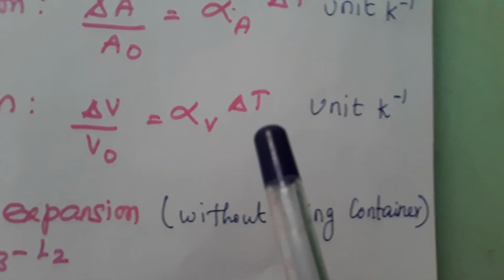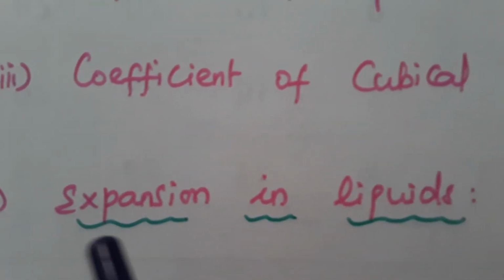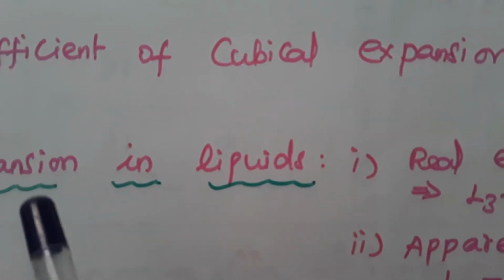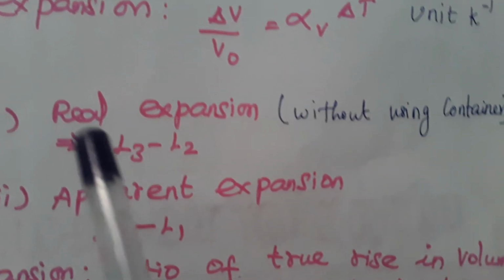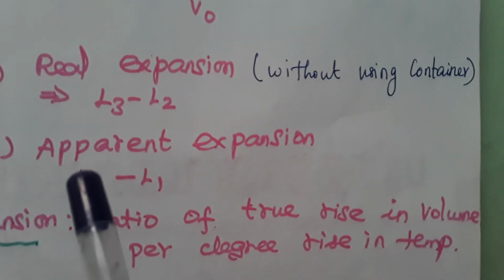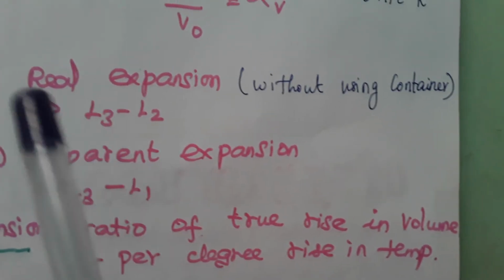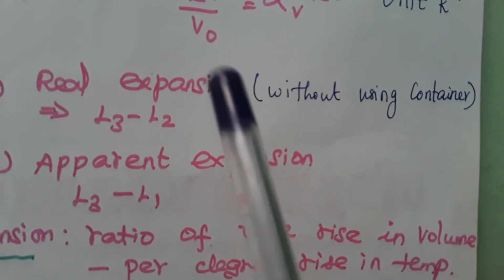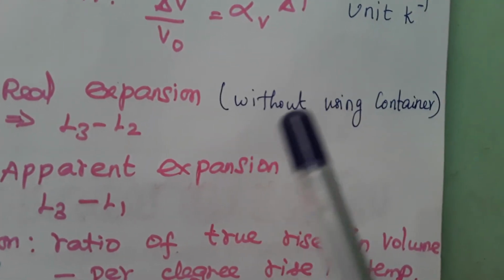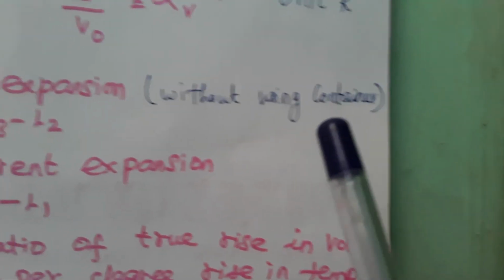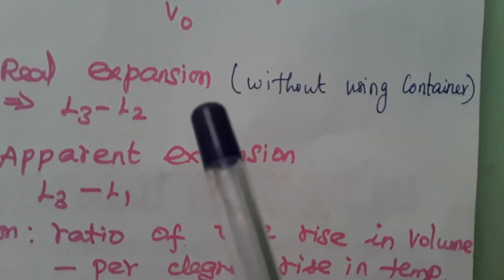Students, shall we discuss expansion in liquids? Expansion in liquids has two categories. One is real expansion, the other one is apparent expansion. Real expansion. What is real expansion? Heating a liquid without using any container is called real expansion.